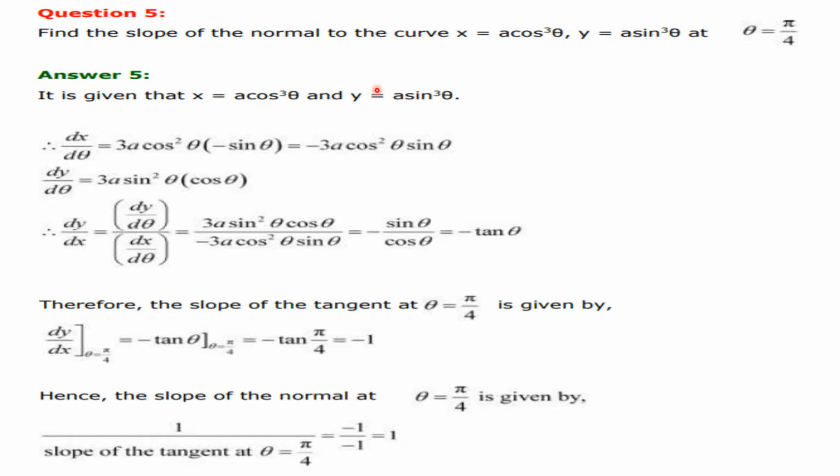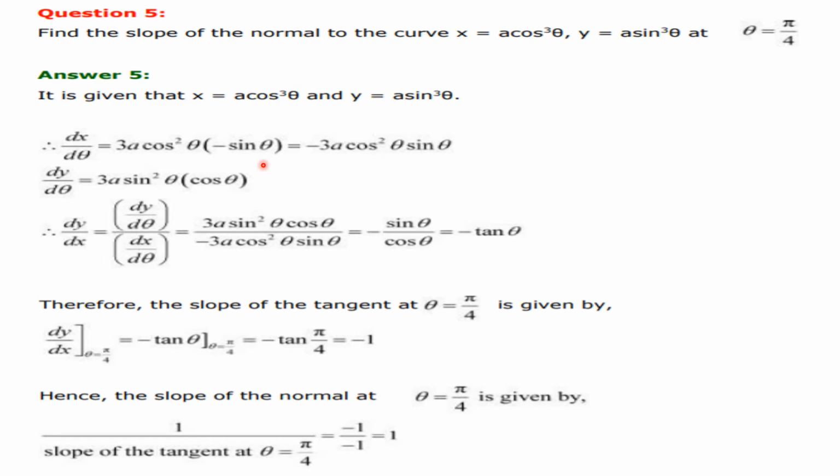So what is the derivative of cos theta? Minus sin theta. Here in this step we used the formula d by dx of x power n, the formula for d by dx of cos theta, and also chain rule. By using these three results we got this step. Understood this step?